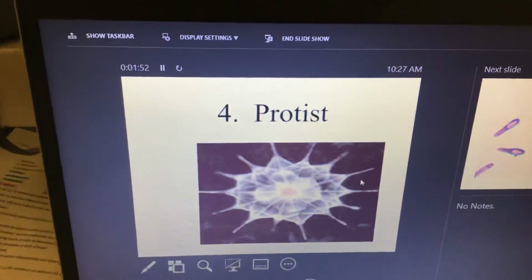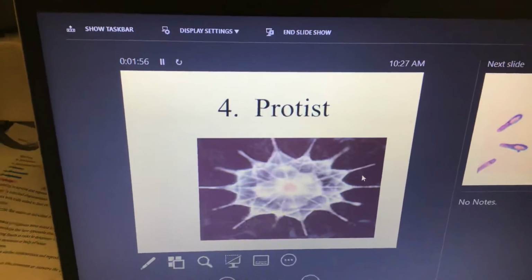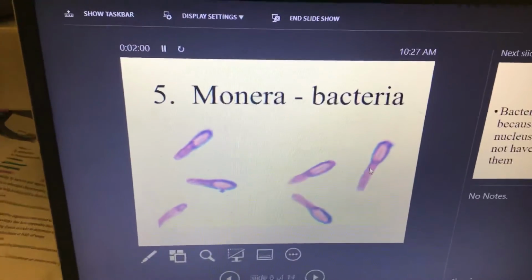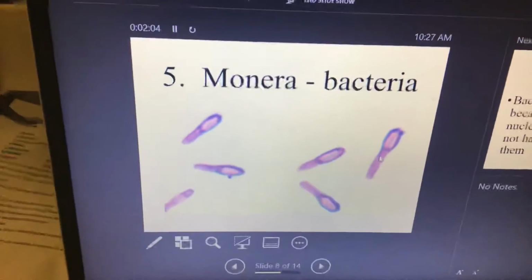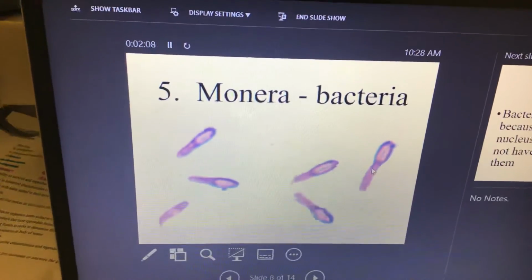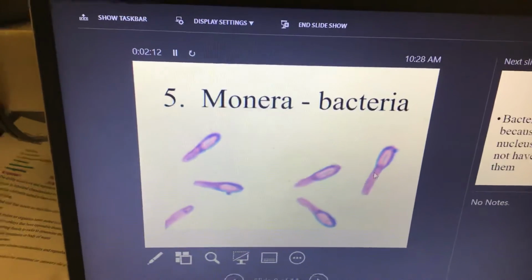Protist, or you might see it as Protista, same thing. And then the fifth one, Monera or bacteria. Monera is kind of the fancy word for bacteria. So those are our 5 kingdoms that we're going to talk about.